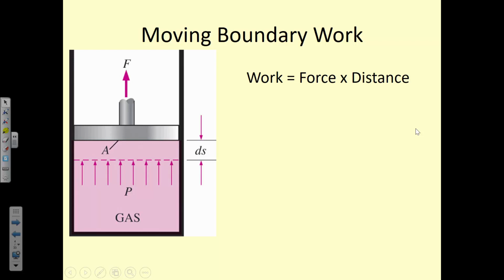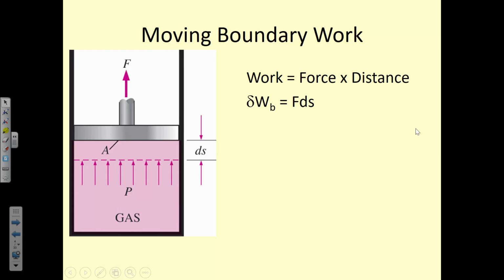In speaking of boundary work, we can look at it as a force times a distance. If we look at the basic piston-cylinder device, either we're exerting some force upon that piston, or the fluid inside the piston itself is exerting a force upon that cylinder.